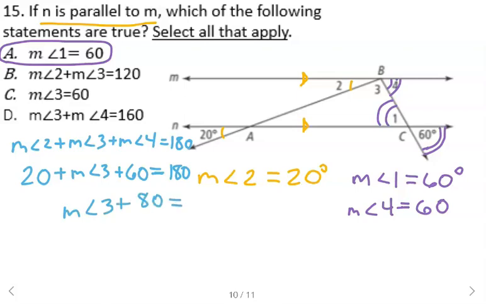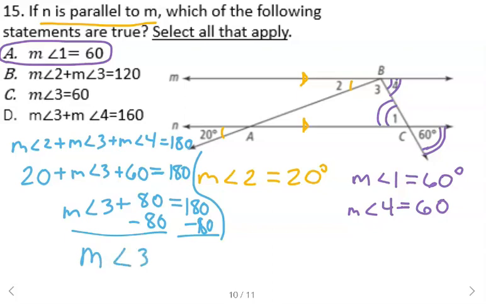So if we add the 20 and the 60 together, we get 80. And subtract that 80 from each side, we get 100. So the measure of angle 3 equals 100. So we can say definitively that C is not correct. The measure of angle 3 is not 60.